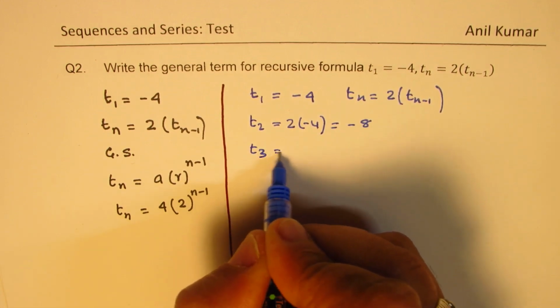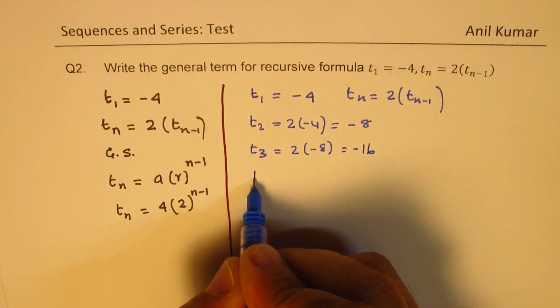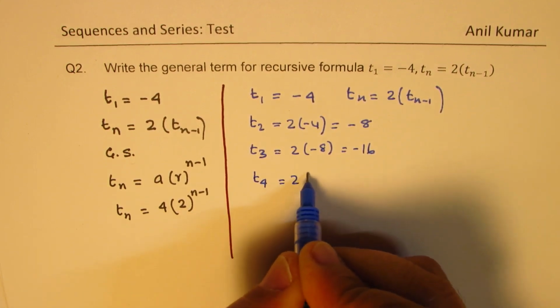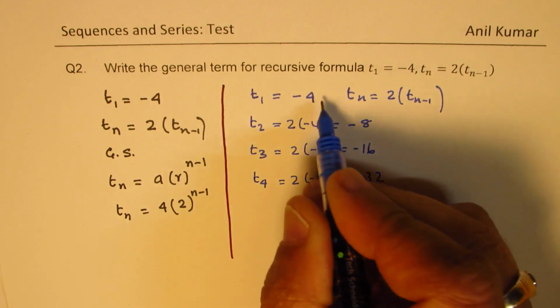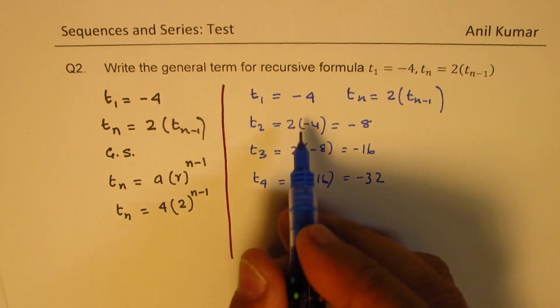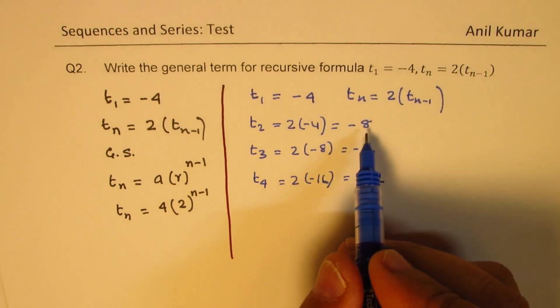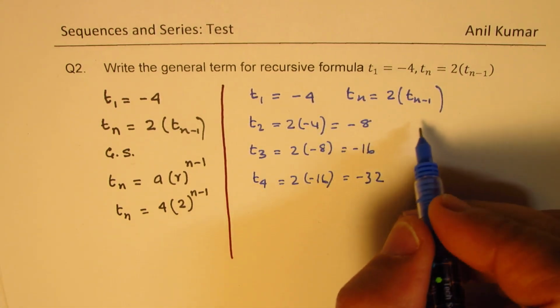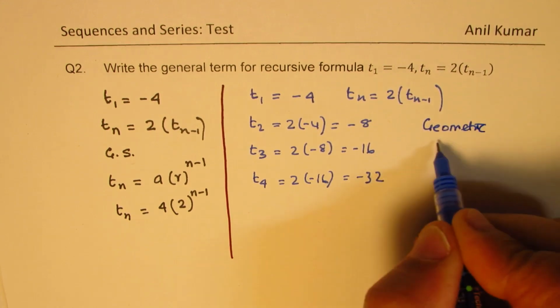Third term will be 2 times minus 8 to get minus 16. And the fourth term will be 2 times minus 16, which is minus 32. And now from here, you can see that the first term, a, is minus 4. Second is this. So this is a geometric sequence.